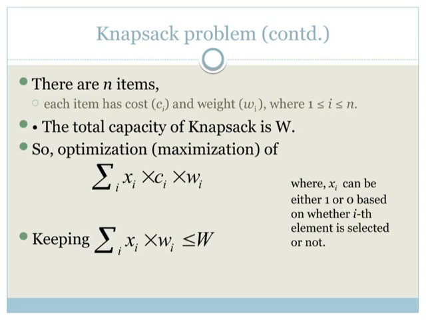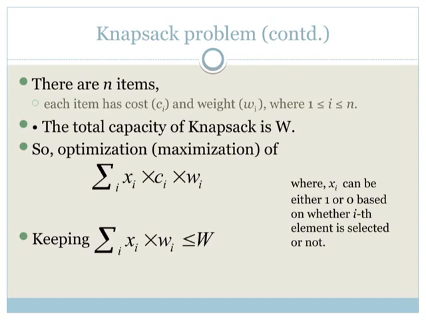So what do we need to optimize? Here we need to maximize the value, that is, the sum over all i of Xi multiplied by Ci, where Xi can be either 0 or 1 based on whether the ith element is selected or not.